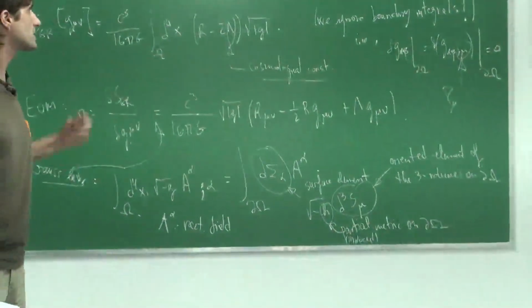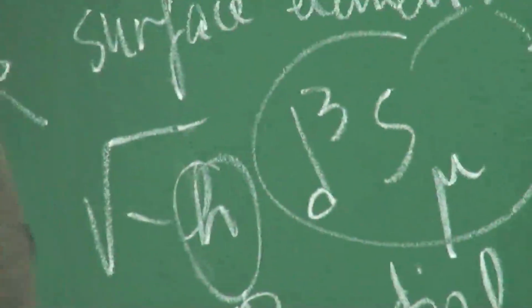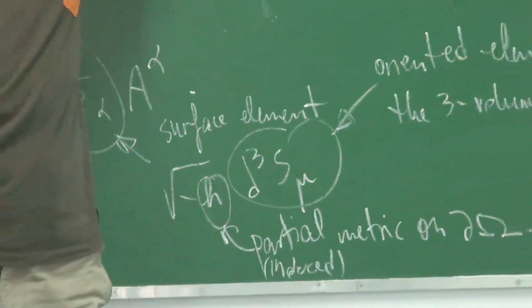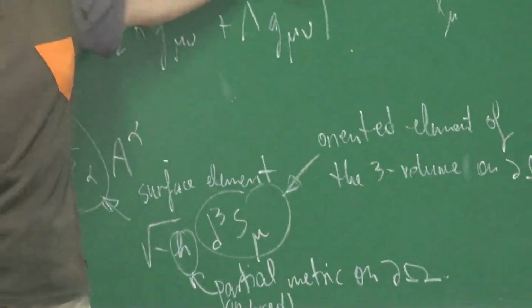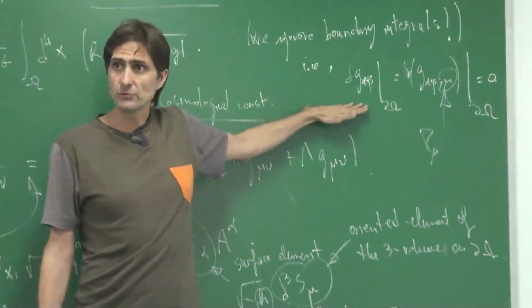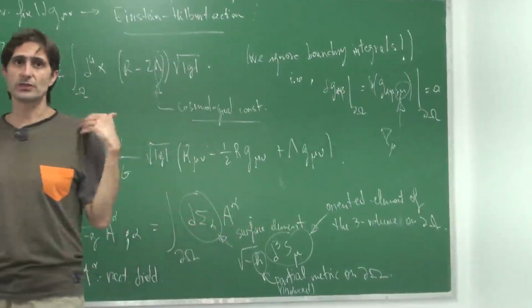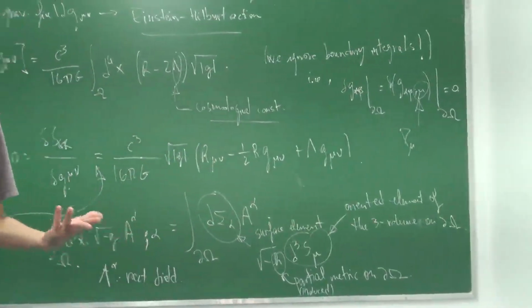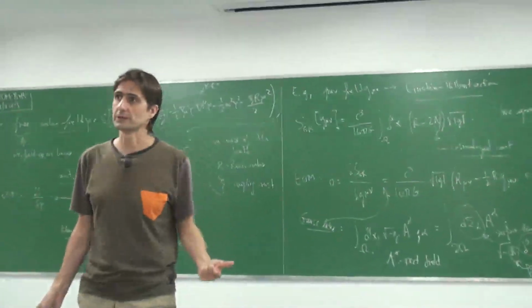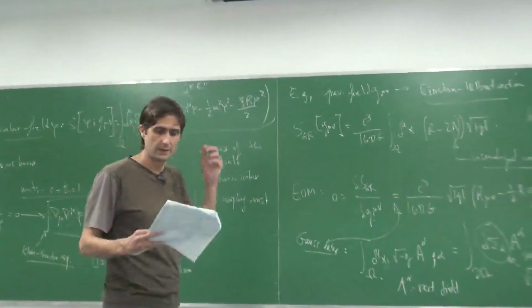Now, because we're asking for the variations of the field, in this case the variations of the metric, to be 0 on the boundary of your region, then whenever you get a divergence, you can just get rid of it. A divergence with the square root of minus g. Do not forget this.